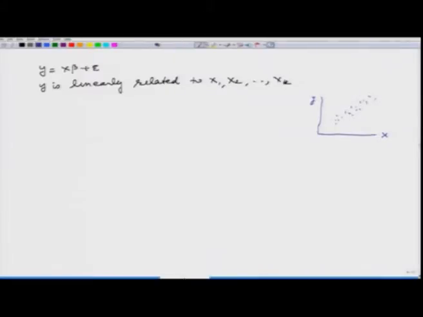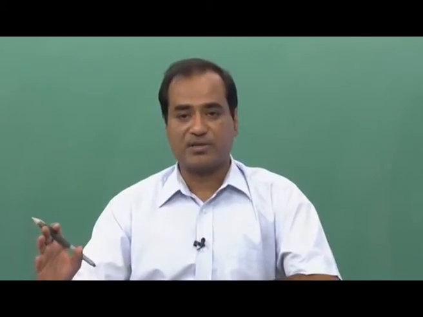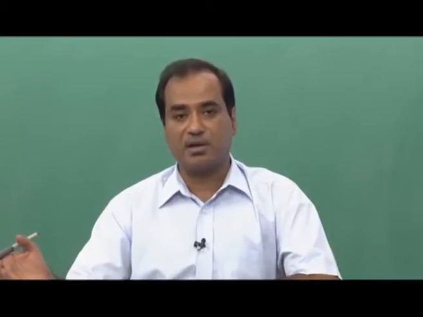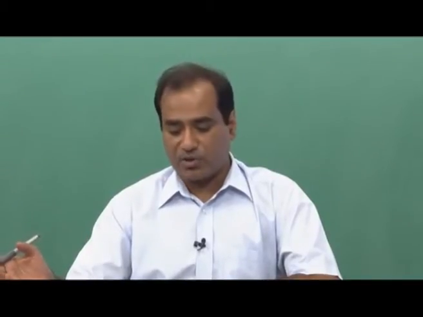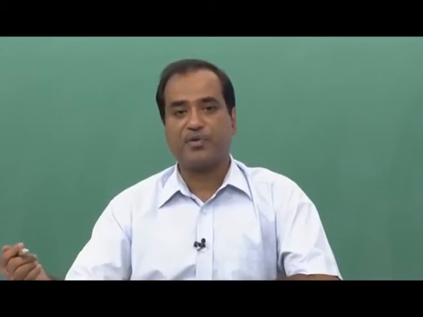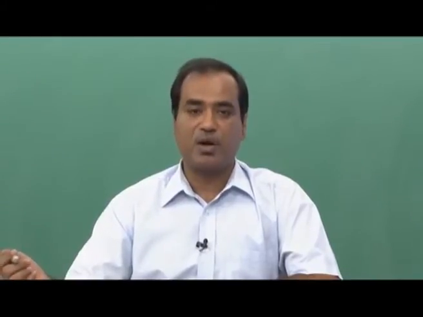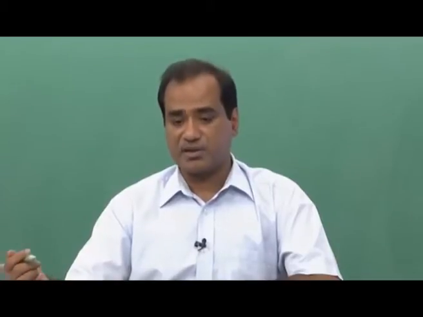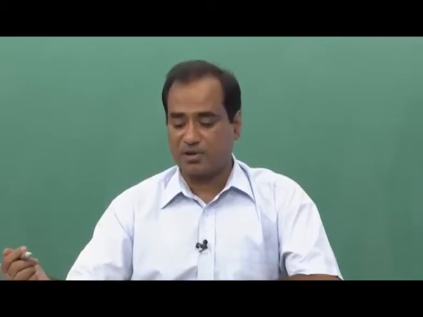But now, in this case, we want to see whether the joint effect of x1, x2, xk on y is linear or not. In the earlier case of simple linear regression, we could work only with a two-dimensional figure. But in this case, there is going to be a high dimensional picture.